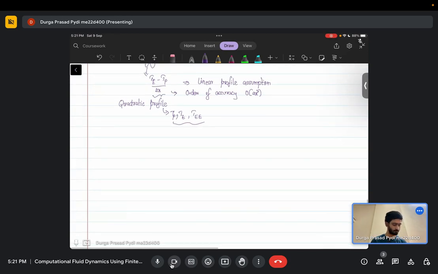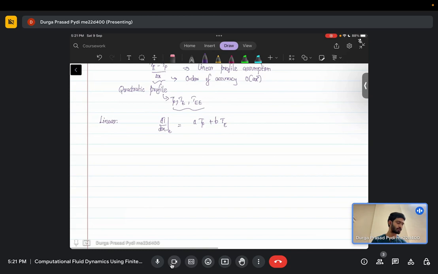First take the case of linear profile. In the linear case, dT/dx on the east face is approximated in terms of Tp and Te. Since it is a linear approximation, I am just putting 2 constants a and b: a times Tp plus b times T east, and my objective is to get the values of a and b. So how do I do this?